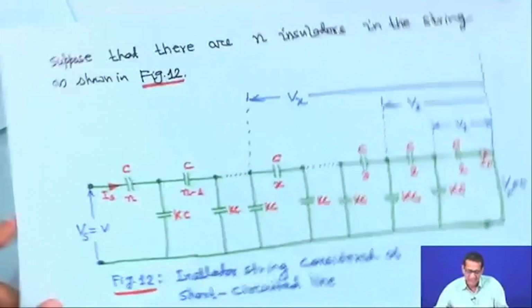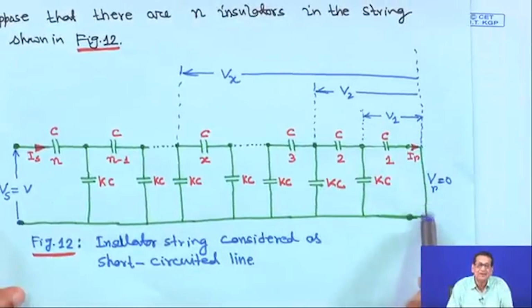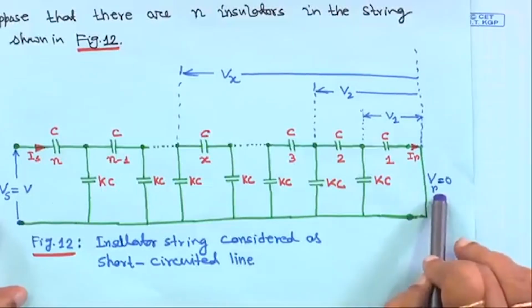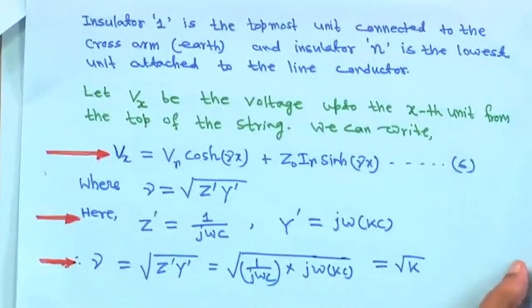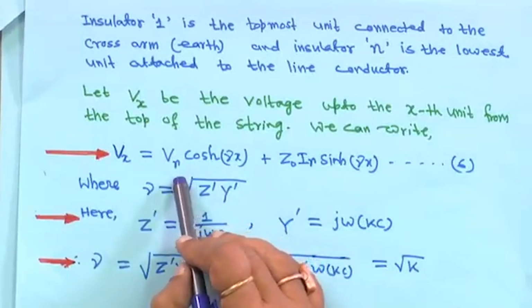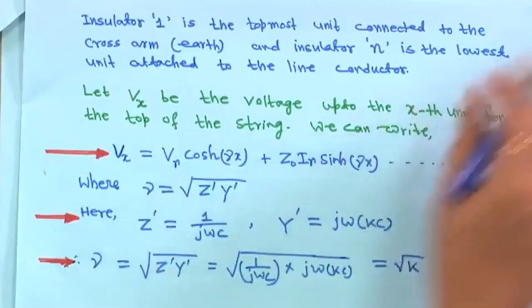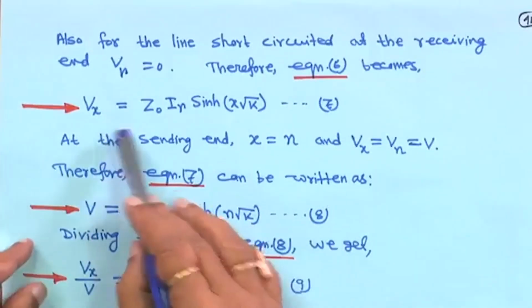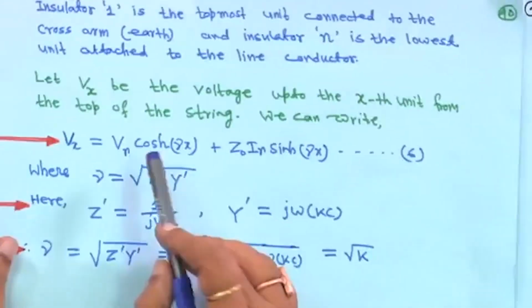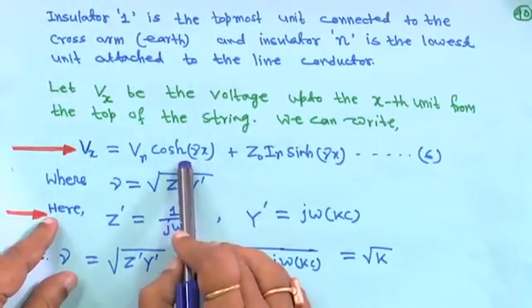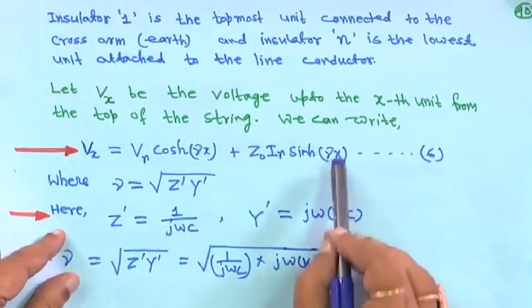Put VR equal to 0 in equation 6. Then this term will not be there, and gamma is root k.